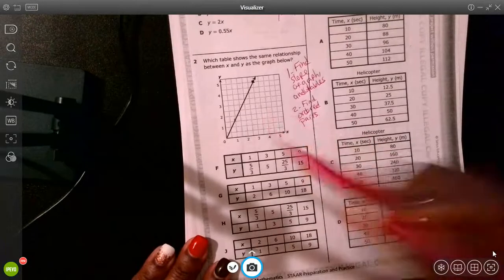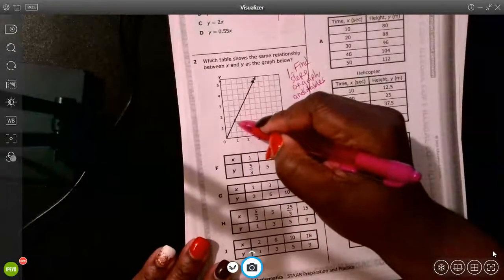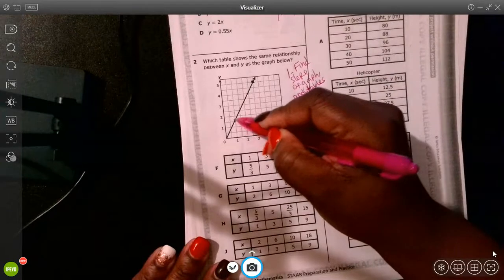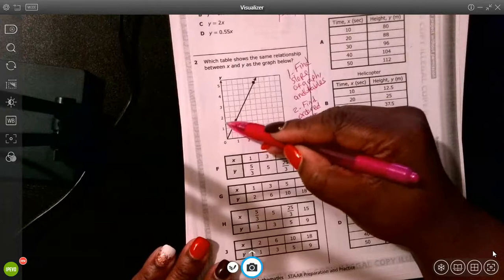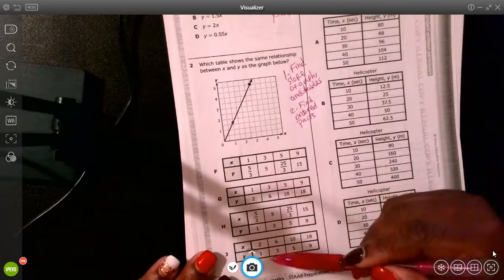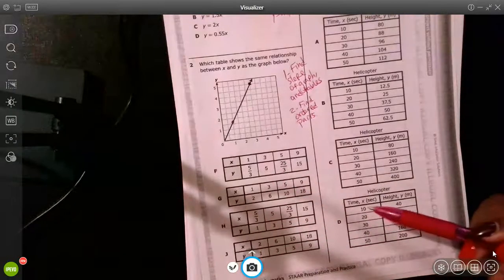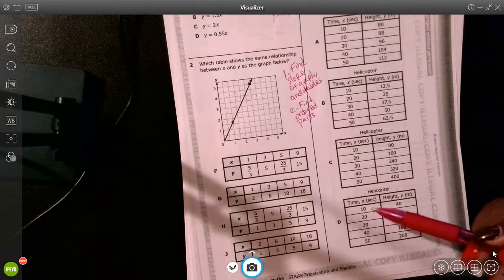So when I look at number 1, I go up here. It is a little bit past the 1/2 according to the y-axis. So I see I have a lot of fractions. If I'm not good with fractions, I would rather turn those into decimals so that I can be more comfortable.